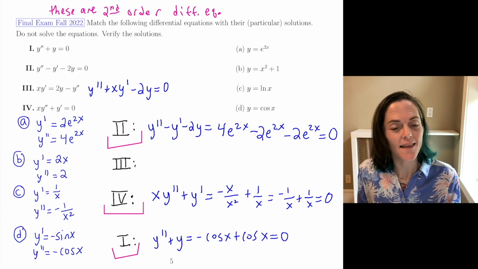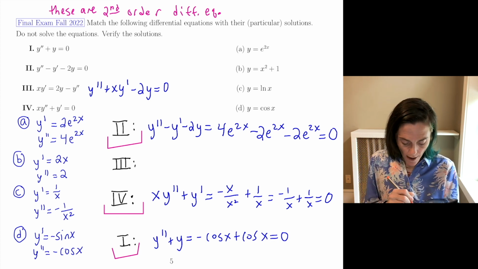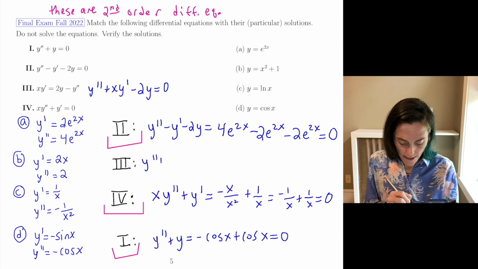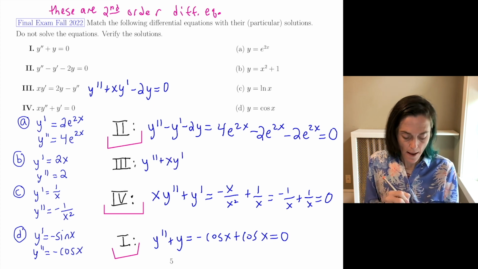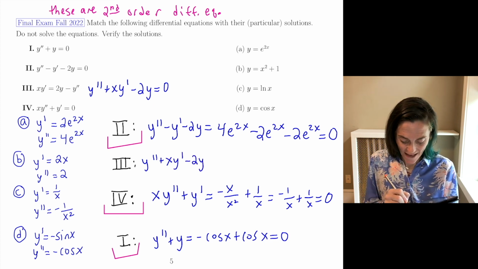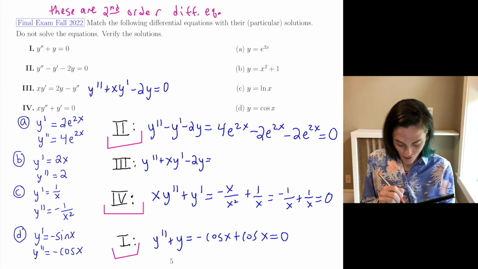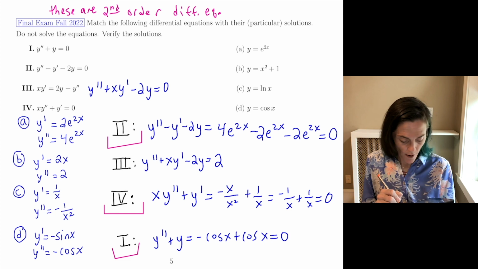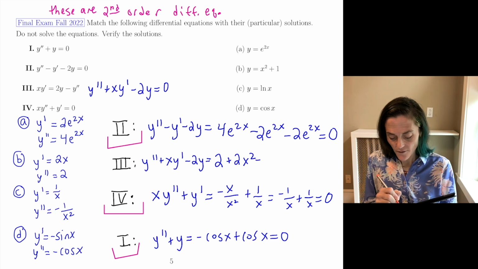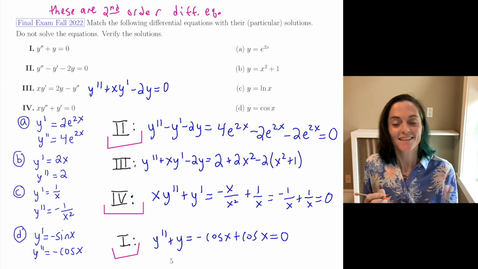And let's verify that. Y double prime plus x y prime minus 2y is, y double prime is 2, x y prime is 2x squared, and now subtract off 2 times x squared plus 1.